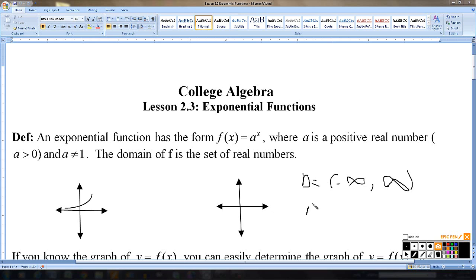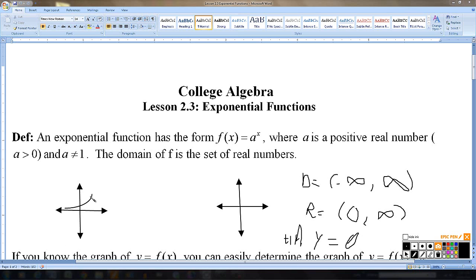The range will go from 0, not including the 0, to plus infinity. And the horizontal asymptote will be the x-axis, or the equation y equals 0.